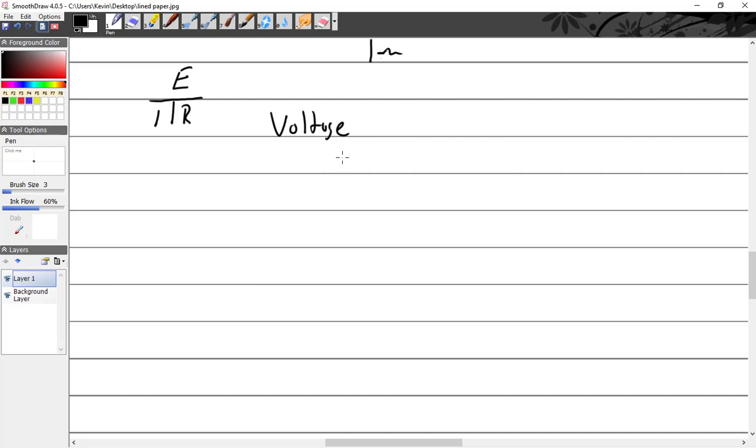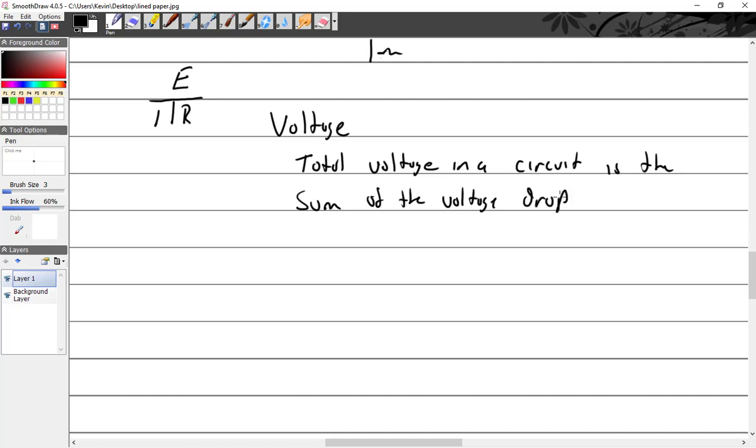Total voltage in a circuit is the sum of the voltage drops across all resistors.